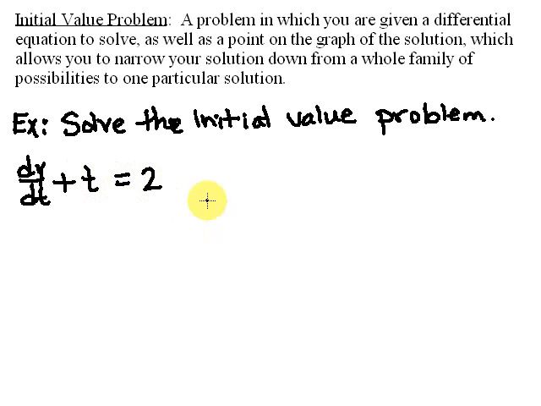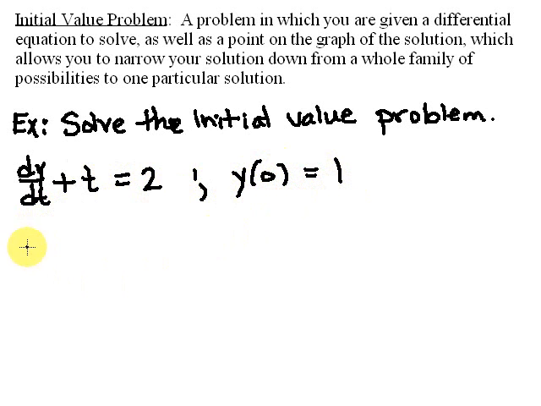We're also told that the function y we're looking for contains the point (0, 1), or in other words, y of 0 is equal to 1. Okay, so we're given information about the derivative. We want to find the original function.